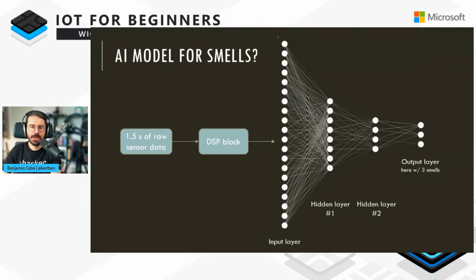finding a function that as an input takes what I did call the olfactory fingerprint of the smells. So the 20 inputs that you see here, the 20 inputs to the neural network, are effectively for each of the 4 gas sensors I have, those are the 5 characteristics that I extracted.